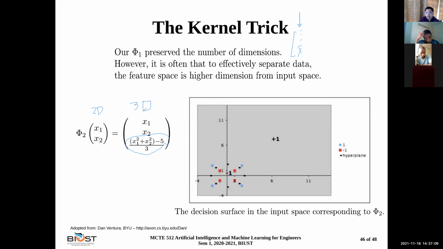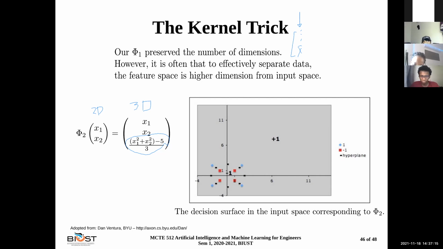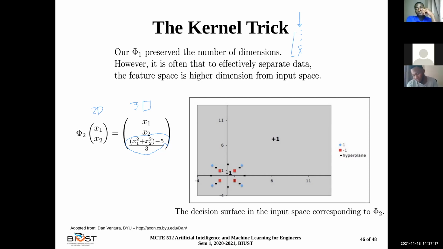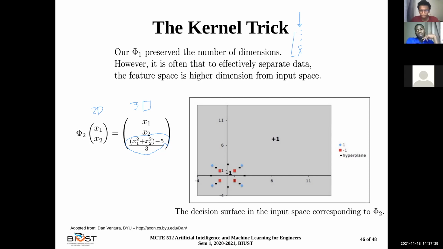If we transform into a 3D space, does that mean the points will now need to be separated by a plane instead of a line? That's a good question. Although it looks like a line, we always say it is a hyperplane.